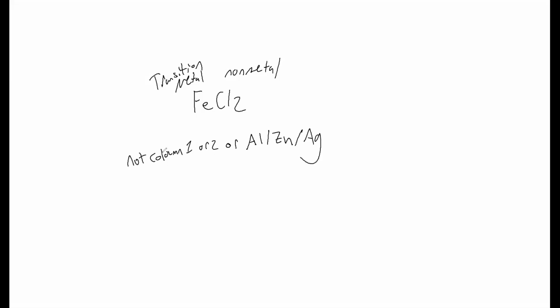If the metal in an ionic compound is not in column 1, is not in column 2, is not aluminum, zinc, or silver, you have to use Roman numerals to name it. And the Roman numerals tell you the charge of the metal.